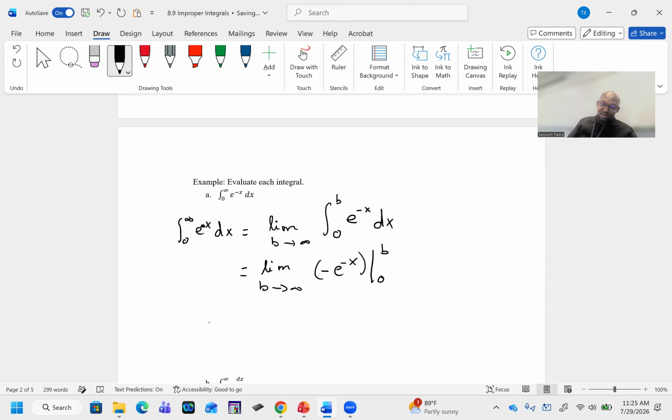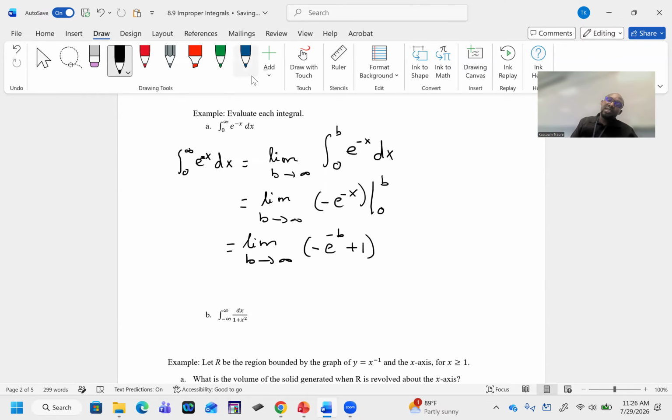Which will be the limit as b goes to infinity of: if I substitute b, it will give me negative e to the power of negative b, minus, if I substitute 0, it will give me 1. This is negative, negative 1, so I'll have plus 1, right? And then now we need to find this limit.